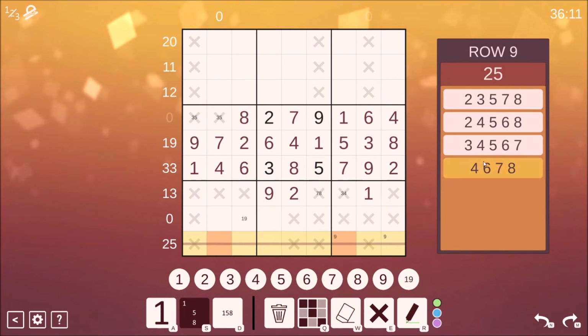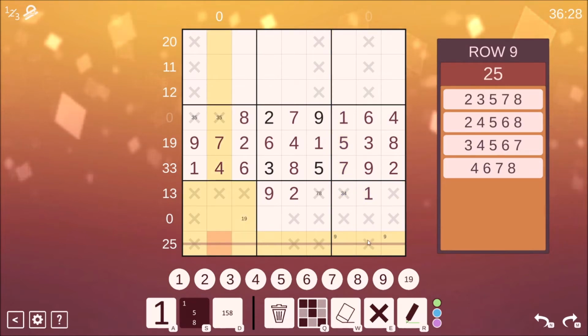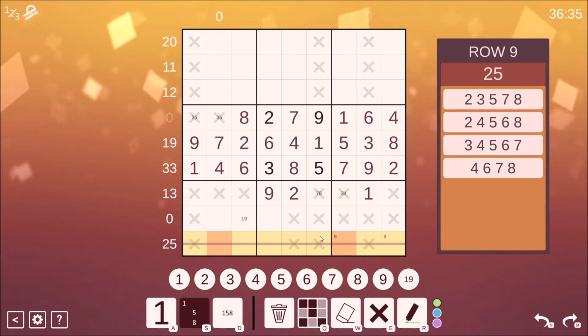Just trying to figure out if there's anyone that we can rule out. For example, if we have a 1 here and a 9 here, well, if we have a 1 here, we would have to have the 9 here because we can't place it here, and it's only a 4 or 5 gap. So we would need a 4, 6, 7, 8 in the middle.